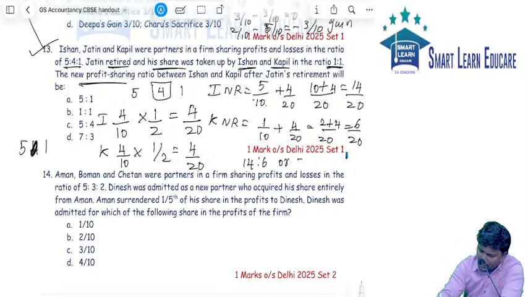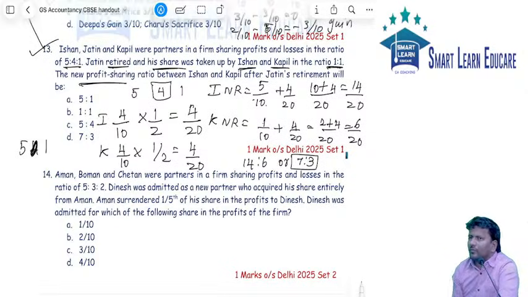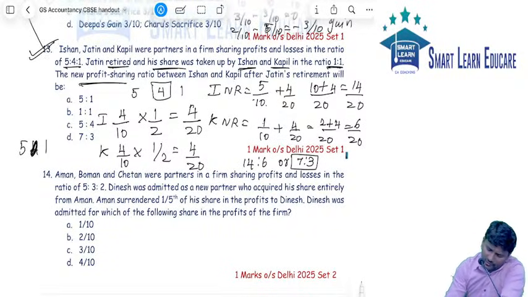Simplify பண்ணா you will be getting 7:3. Okay va? These type of question repeated again and again, so be careful. Please do solve these questions with utmost care.